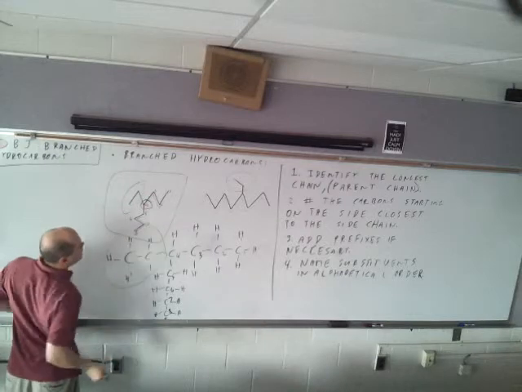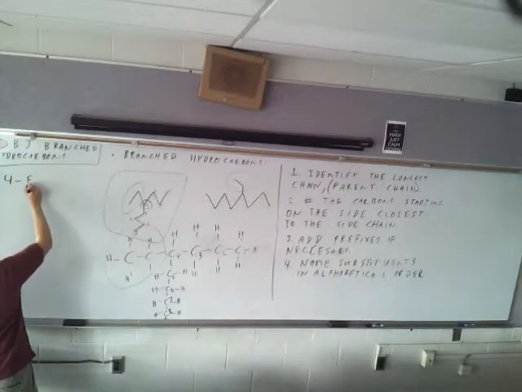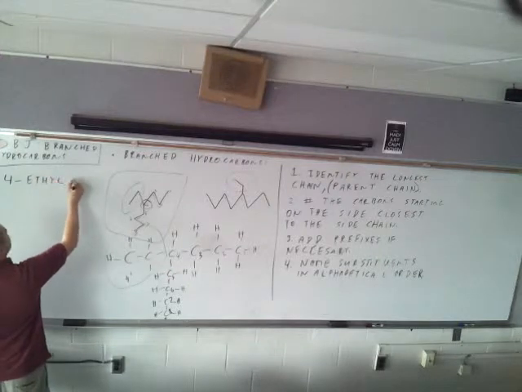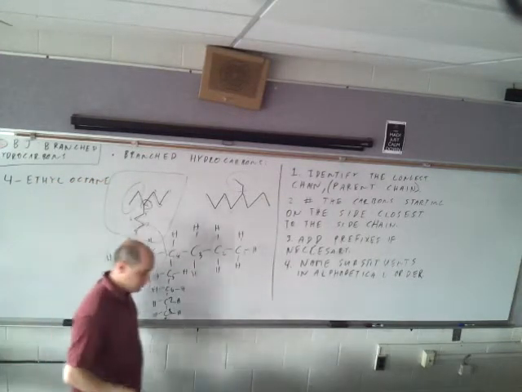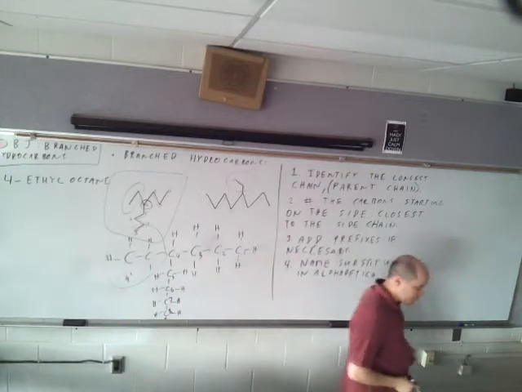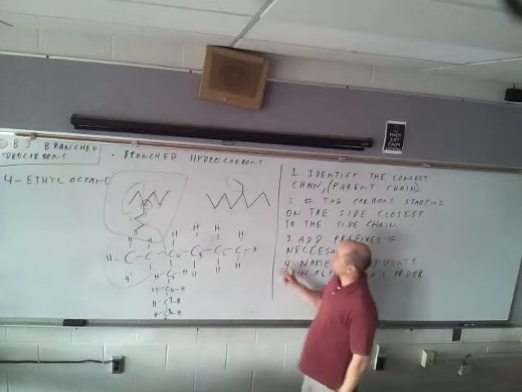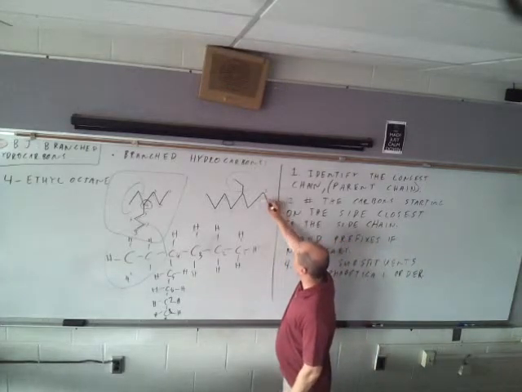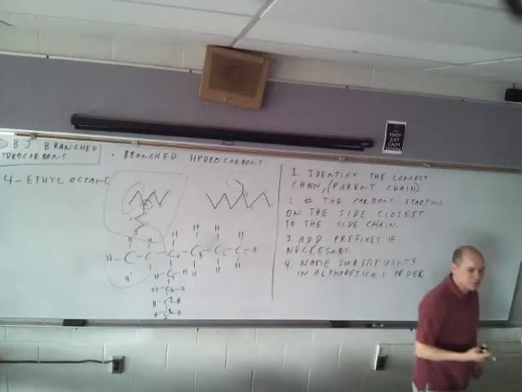And since this comes off the number 4 carbon, we're going to call it 4 ethyl octane. So the 4 indicates the position of the side chain. If you want to look at this one, it's 1, 2, 3, 4, right? And ethyl tells us there's 2 carbons on the side chain.